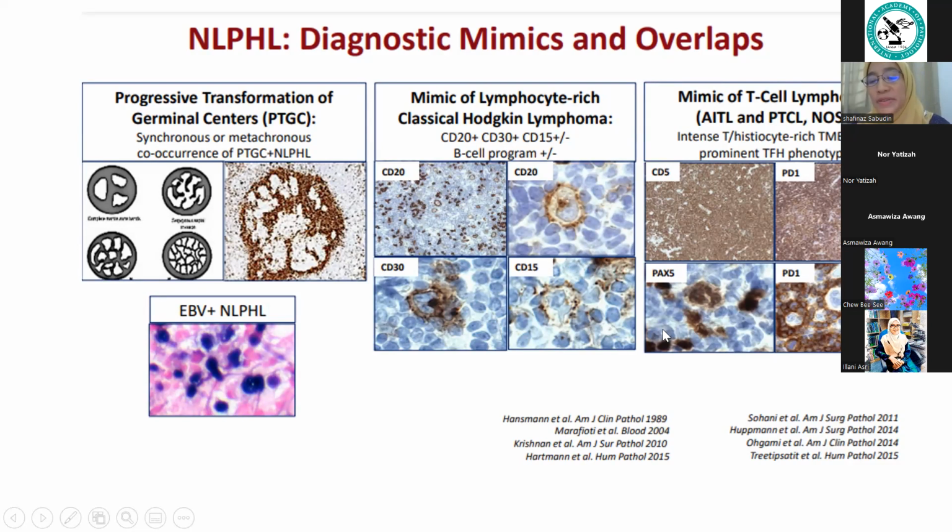If you see areas with this kind of arrangement or pattern, then it is most likely nodular lymphocyte predominant Hodgkin lymphoma rather than T-cell lymphoma. So it is very important for us to have this at the back of our mind when we are doing our work. Think of the non-neoplastic PTGC, think of classical Hodgkin lymphoma lymphocyte rich, and think of lymphomas of the T phenotype.